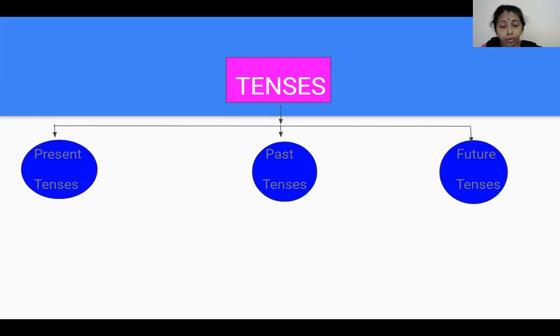So those words represent the past tense of the verb. And when any work or incident will happen in future, later on, that is called the future tense of the verb.